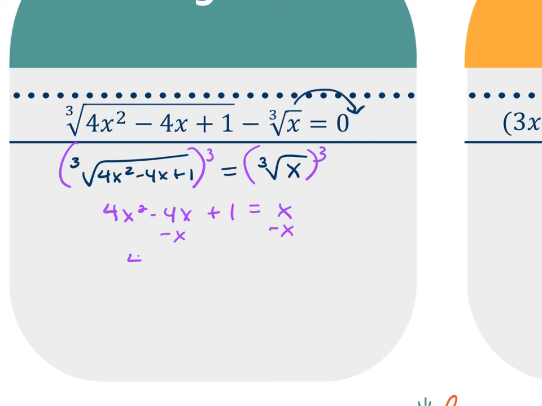Subtract the x. You can either do trial and error or first and last. Well, what do we normally do? You guys do first and last, don't you? Yeah, so let's do that. 4 times 1 is 4. Factors of positive 4 that sum to -5. -1, -4.